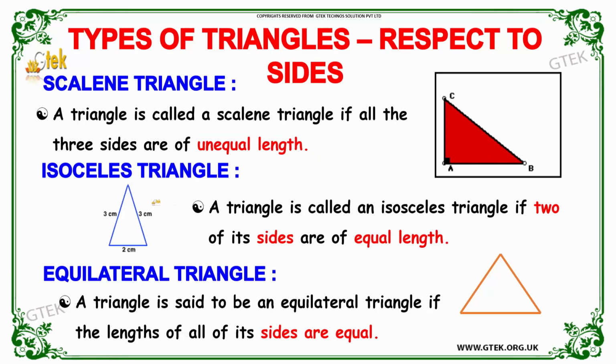In case of an isosceles triangle, a triangle with two sides equal and the third side unequal is said to be an isosceles triangle. A triangle is said to be an equilateral triangle if all the three sides are equal. So these are the types of triangle with respect to the sides.